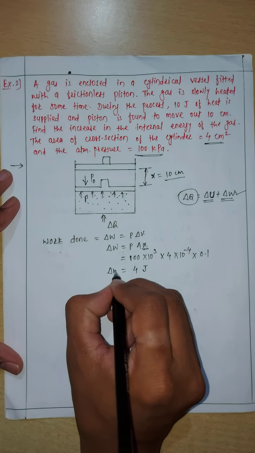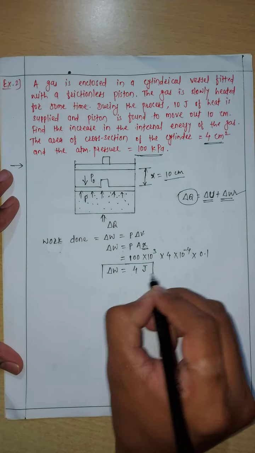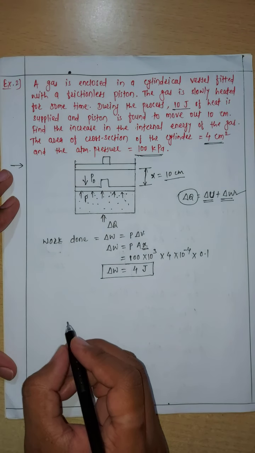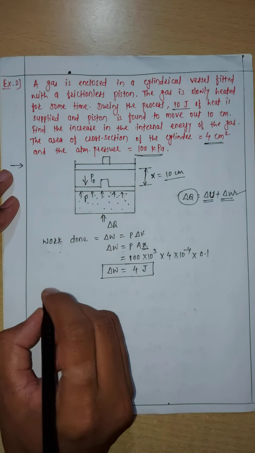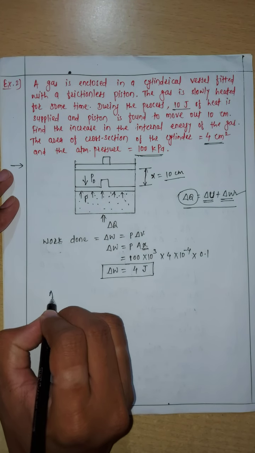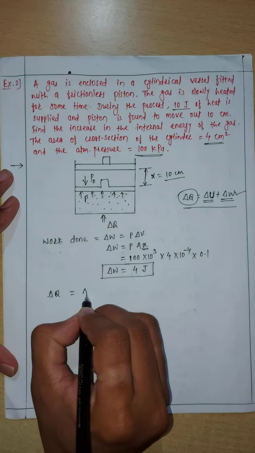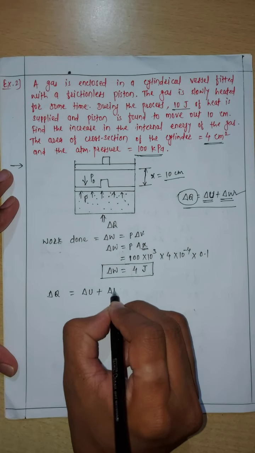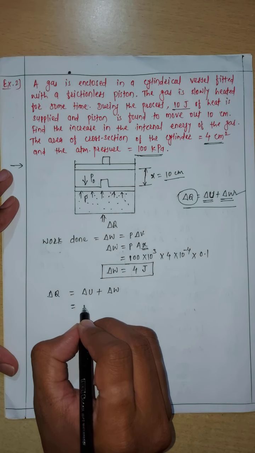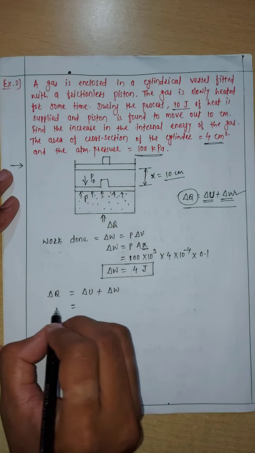So that much amount of work is done by the system when it is provided with 10 joule of heat. Now we can calculate with the help of the first law of thermodynamics, that delta Q is equal to delta U plus delta W. In that case, delta U we have to find out.